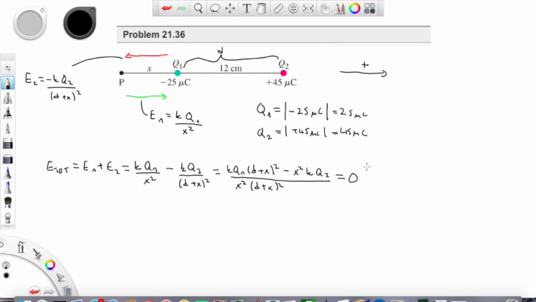So here we have the equation that we have to solve. We don't have to care about the denominator, we're only interested in the numerator because that's the only part that can take this expression to zero.